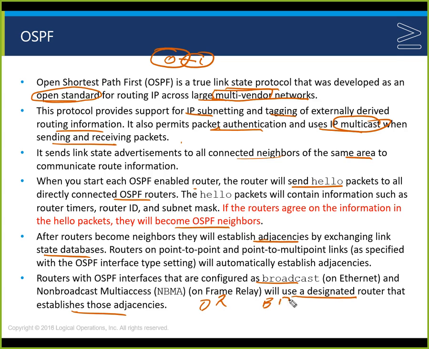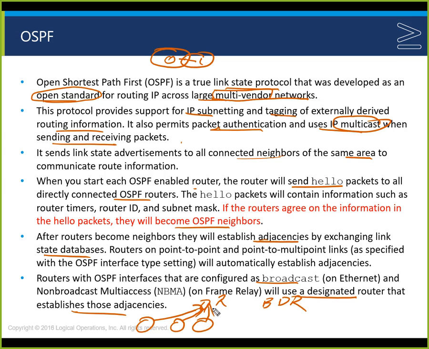We're also going to have a backup designated router. And what these things do is all of our router buddies here will send their updates to the designated router instead of sending them to the world. The designated router will then update the other routers. The backup designated router is there: if the designated router goes down, the backup takes over, and then you elect a new backup.